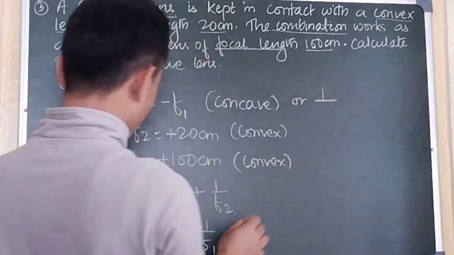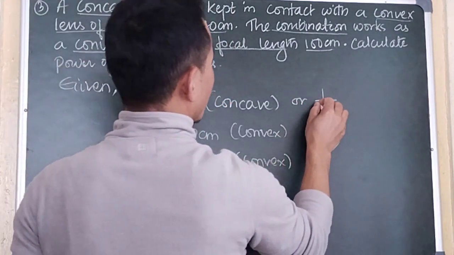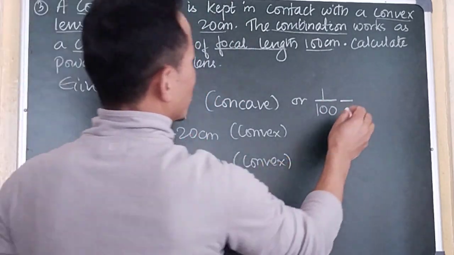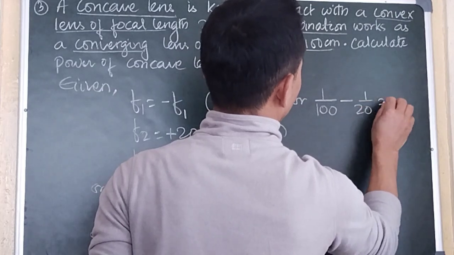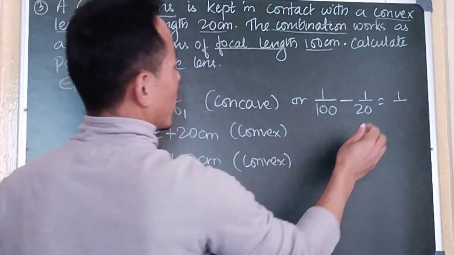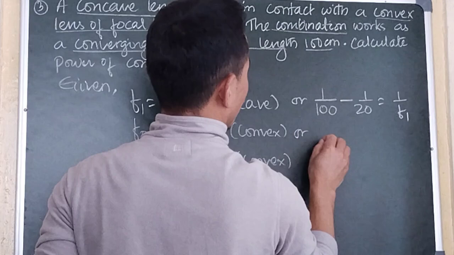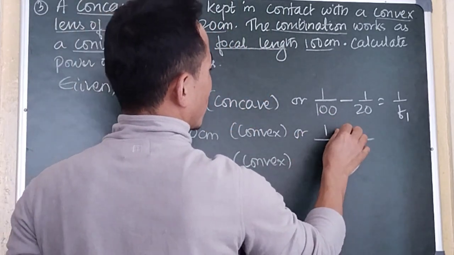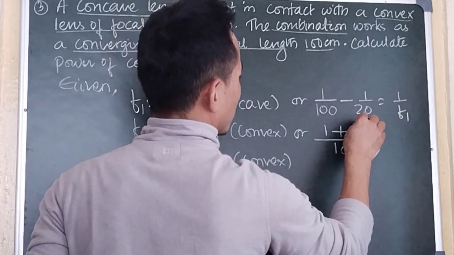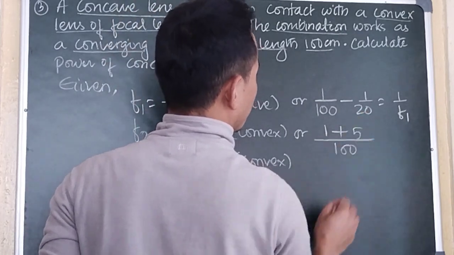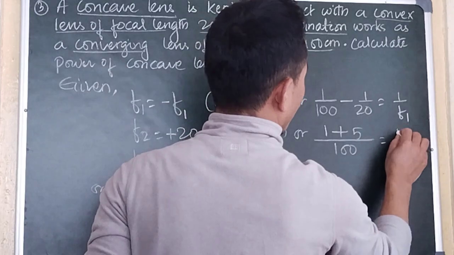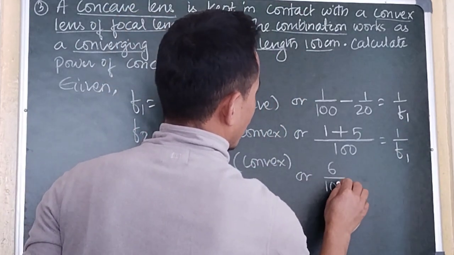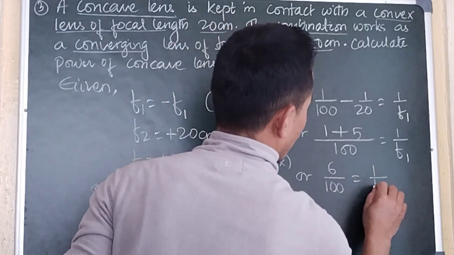So 1 divided by the value of f, which is 100 centimeter, minus 1 divided by f2, which is 20 centimeter, is equal to 1 divided by f1. Now take the LCM, which is 100. So 100, 1 time is 100, 20, 5 times is 100. This will be equal to 1 divided by f1, or you will get 6 divided by 100 is equal to 1 divided by f1.